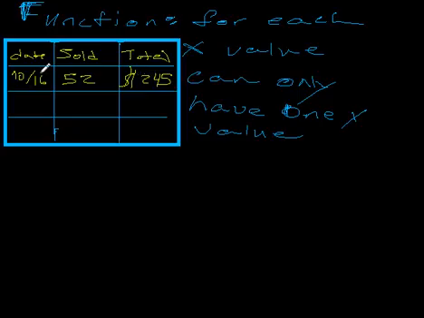And then on 10/17, which was yesterday, I sold a grand total of 62 shoes for, let's say like $980. And then on the 18th, let's just say I sold 52 shoes again for a total of, let's say $640.